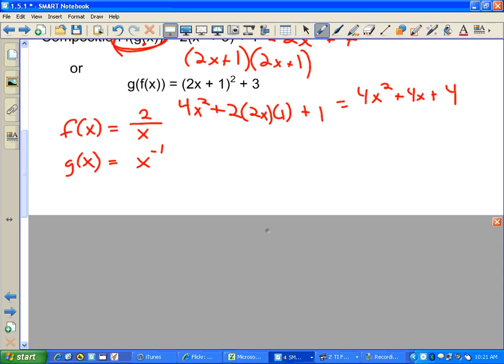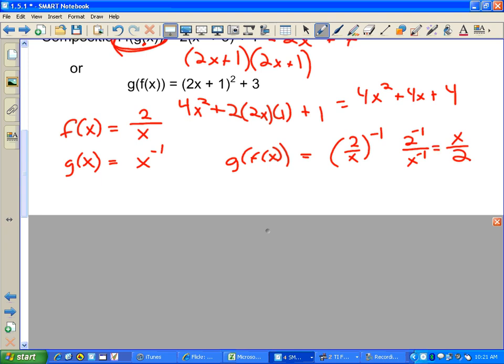So if I do g of f of x, I'm going to put this f of x inside my g of x. So I would have 2 over x to the negative 1. If I simplify this, negative 1, I could distribute it in there. 2 to the negative 1, x to the negative 1, and then they switch spots.